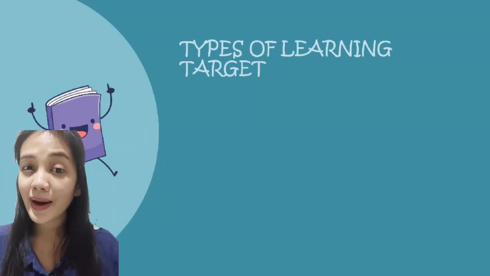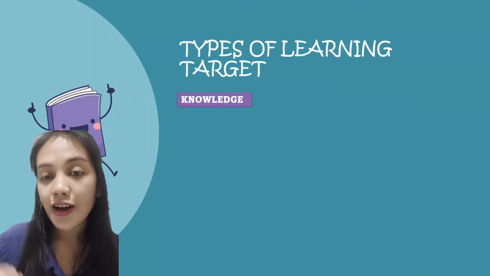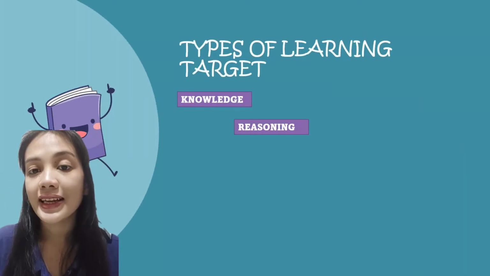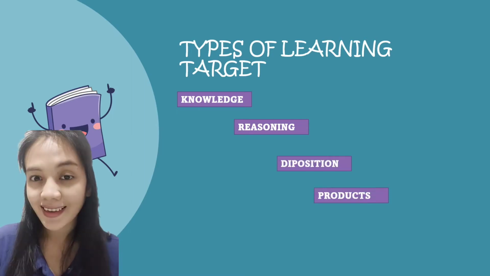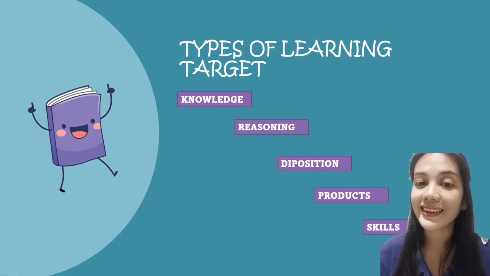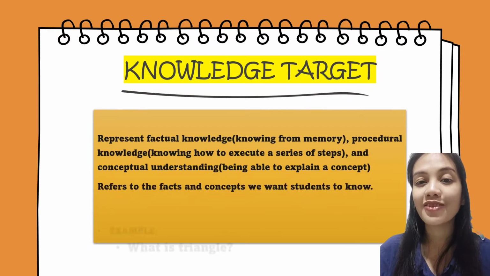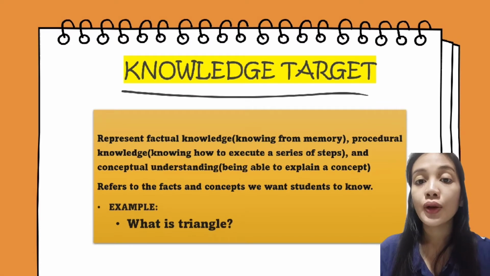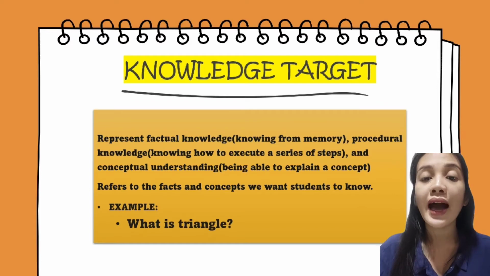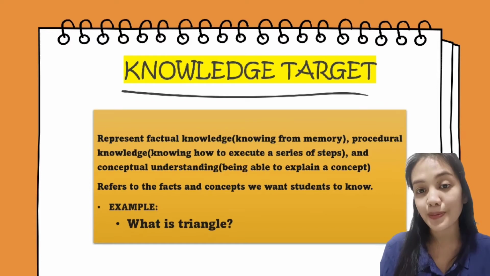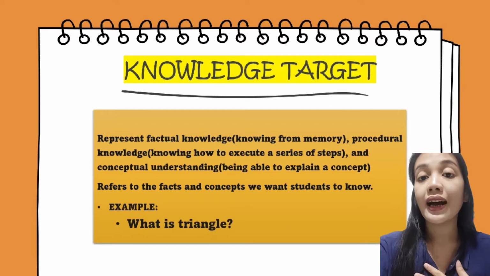Now, we will talk about the types of learning targets. We have 5 types of learning target. First is the knowledge target. Second, reasoning, skill, product target, and disposition target. Knowledge target represents factual information, knowing from memory, and procedural knowledge, knowing how to execute a series of steps, and conceptual understanding, being able to explain a concept.